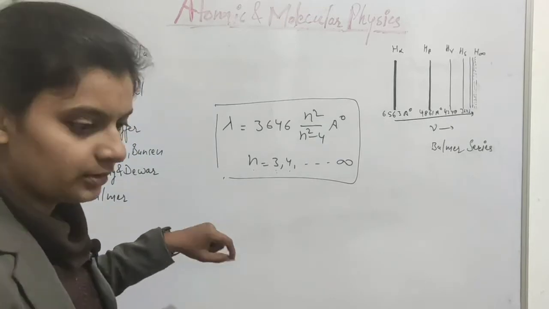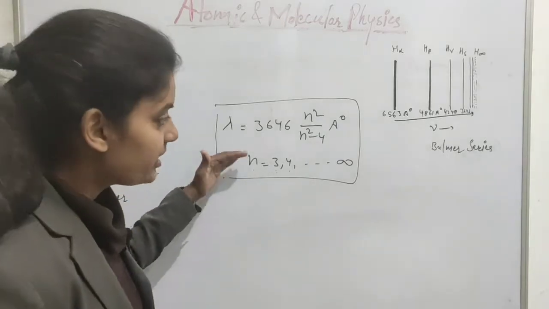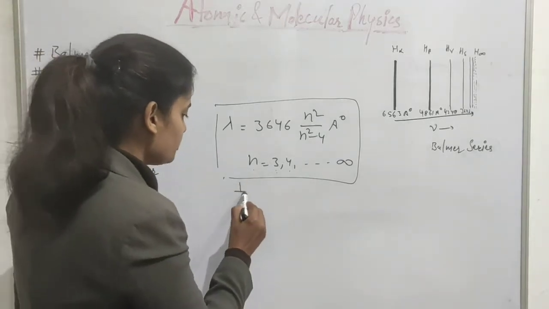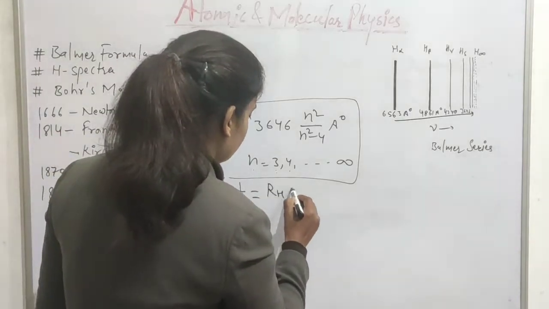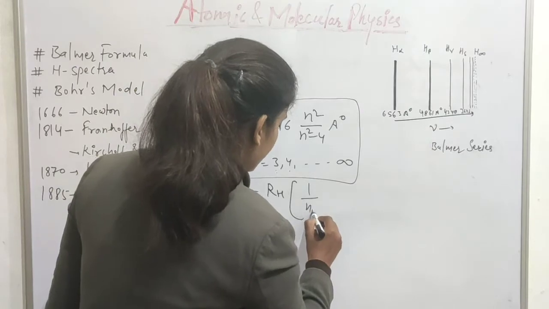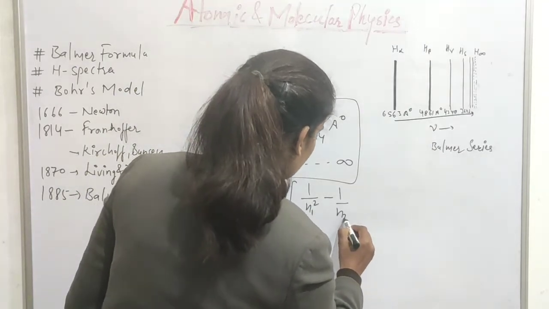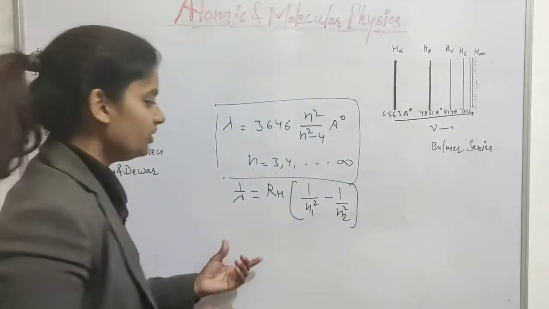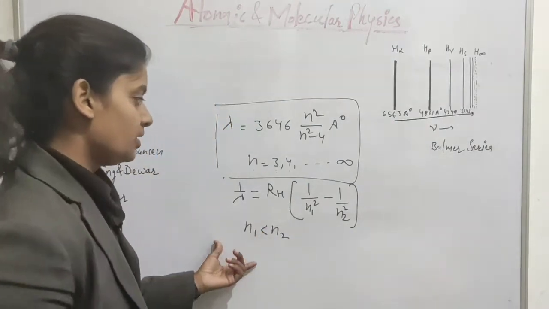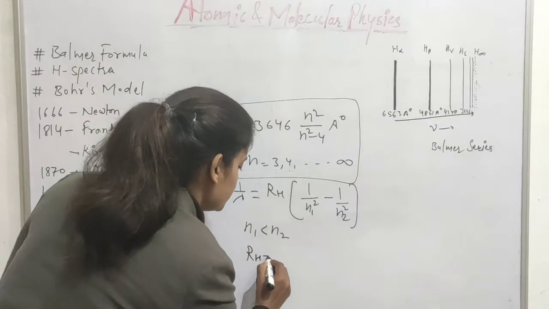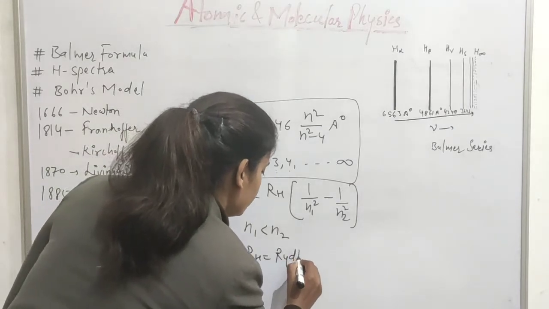After that, Rydberg gave a formula for calculation of wavelength. That formula was 1 over lambda equals R_H times (1 over n1 squared minus 1 over n2 squared), where n1 is less than n2, and R_H is the Rydberg constant for the hydrogen atom.